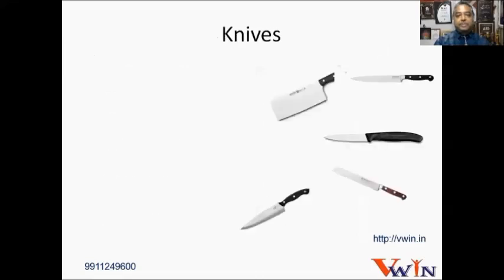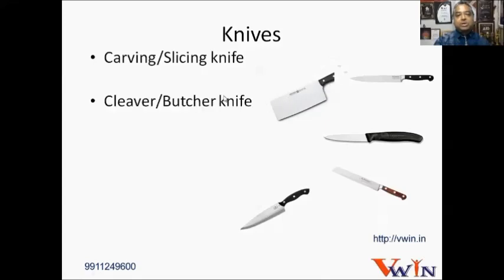Knives. The first knife, this one, is a carving or slicing knife. This is used for slicing mostly. Second one is to cut the meat and also the small bones, is cleaver knife or butcher knife.